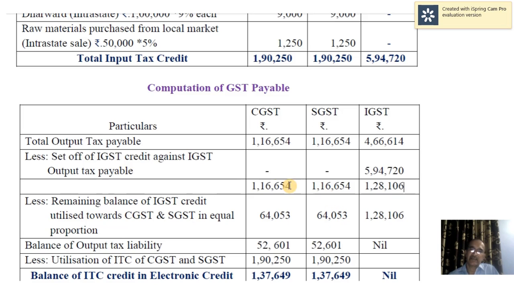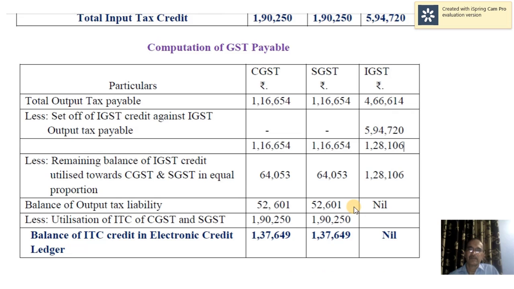Maybe equally, here we have applied it equally, but it need not be equal. It could be in any proportion. For example, 50-50, 70-30, 30-70, 60-40, 40-60, 20-80 or 80-20. So in any proportion. But here we have utilized it equally between CGST and SGST.